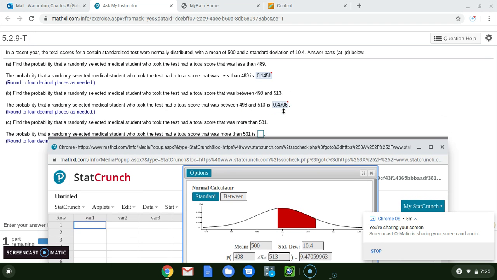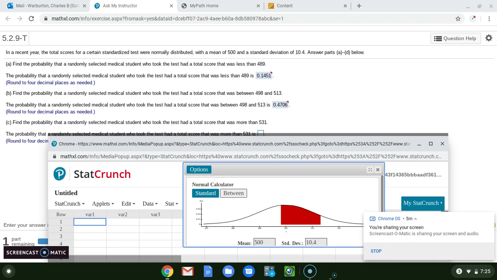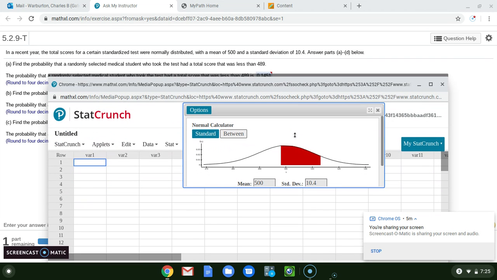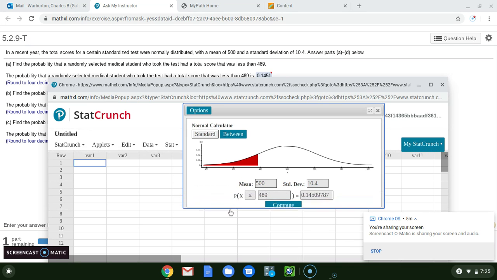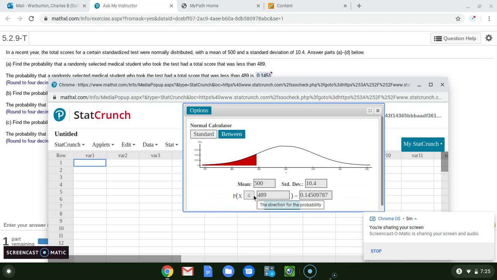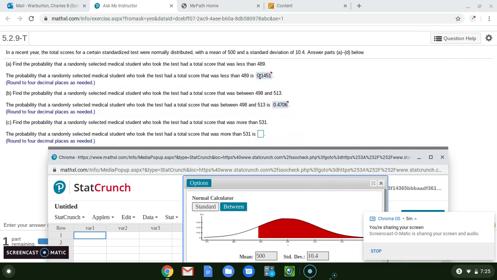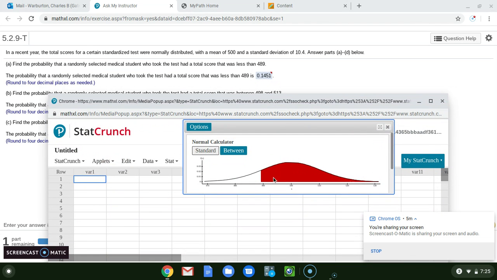Here we go. Last one. Find the probability that it is more than 531. So here we go and change it to standard. Not less than, but more than 531, I believe. Yep, 531.